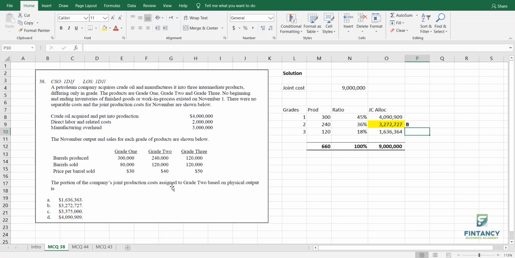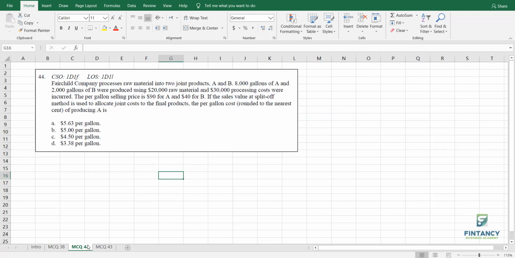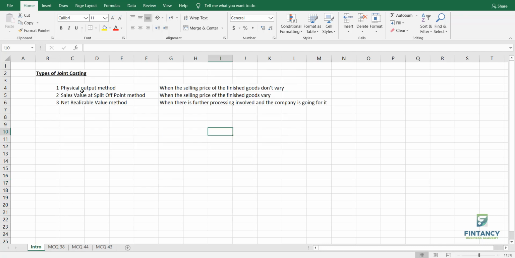So let's start the MCQ number 44. So this MCQ is talking about the second method. Remember how many methods we have? 3. So the first method we have already done in MCQ number 38. Now we are doing the method number 2, which is sales value at split off point.